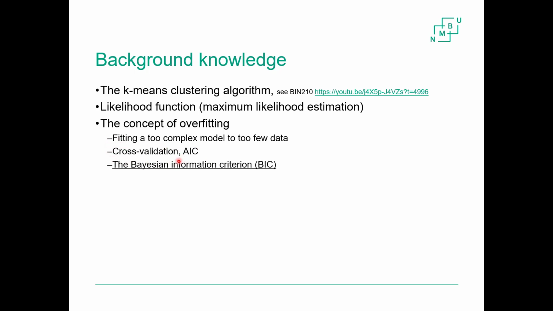Cross-validation is the most used one, but there is also something called the Akaike information criterion. And what is used in this paper is a variant of this called the Bayesian information criterion. So in case you find this in the paper and you don't understand what it is, you can Google the overfitting concept, and you may get some explanations. I will not have time to do it here now.